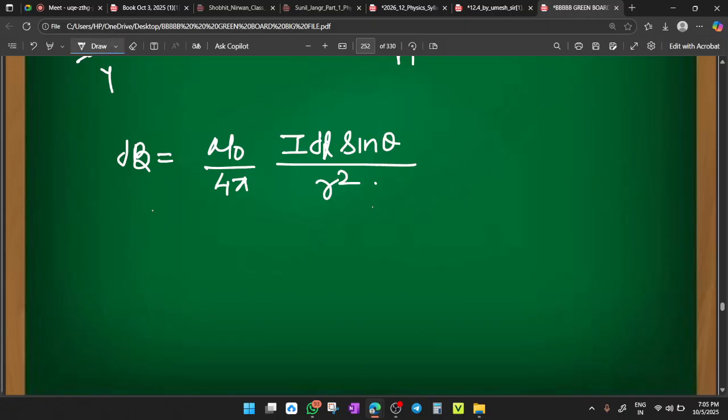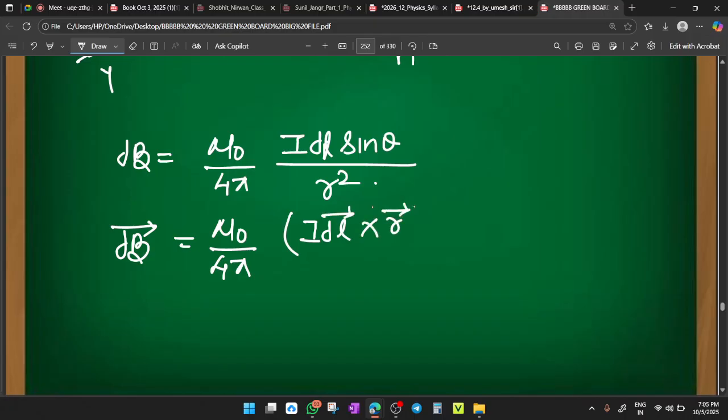So in vector form, dB you can write as mu naught upon 4 pi I dl vector cross r cap upon r square.